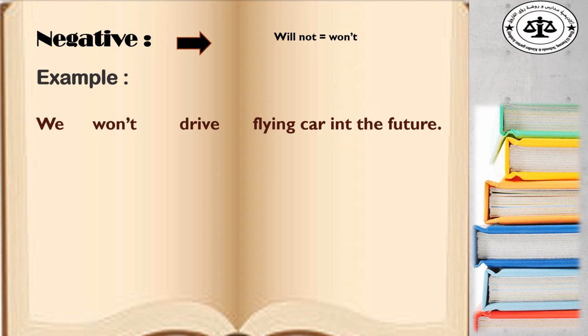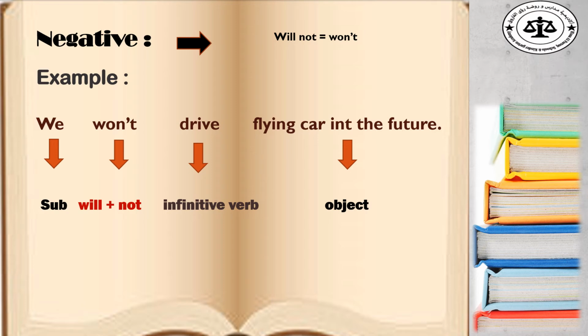We add not to will, so it will be won't. We is the subject, will not, and the infinitive verb, excellent, drive flying cars in the future. So this is the negative form of will.